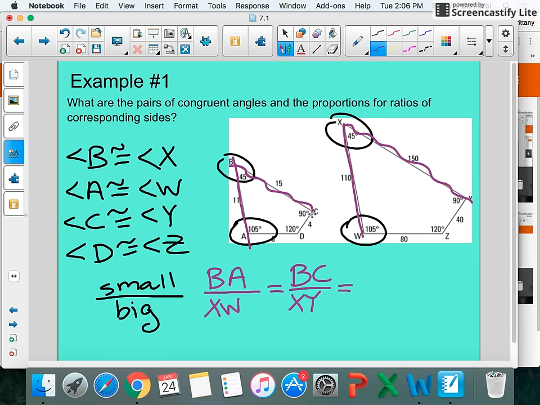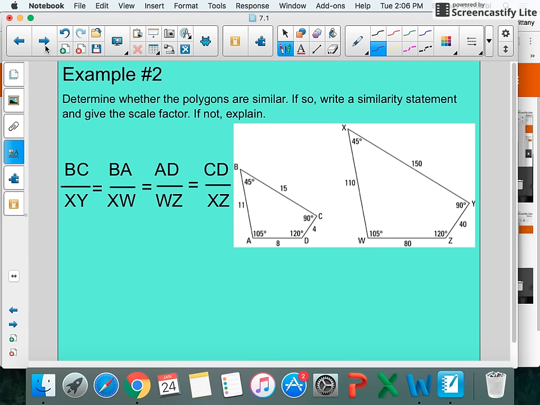And then here I'm going to do CD and YZ. And then lastly, AD and WZ. So that is all the corresponding angles that are congruent, and then that is the sides being proportional for these two figures. We're going to have to use that in solving the problem.